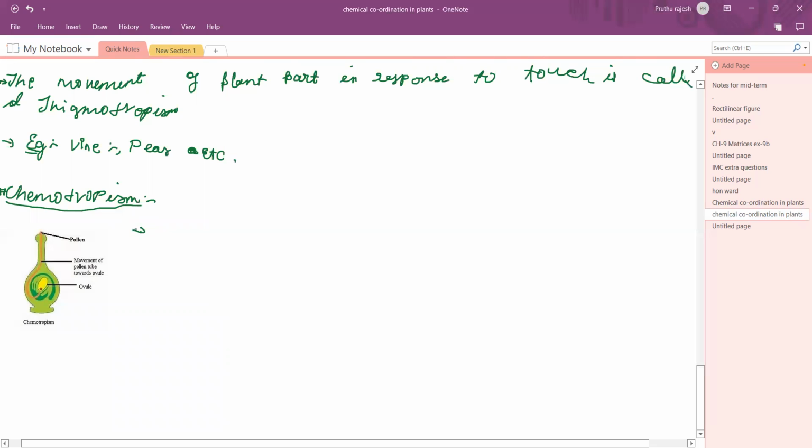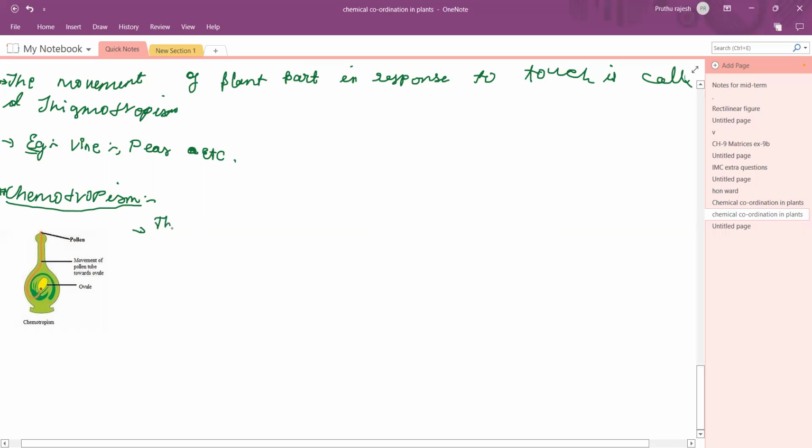Now chemotropism. Chemotropism is the movement of plant part in response to chemicals. Plant organs in response to chemicals is called chemotropism. First let me define, then I'll give you an example. I just talked to you about the sunflower and which tropism the sunflowers exhibit.